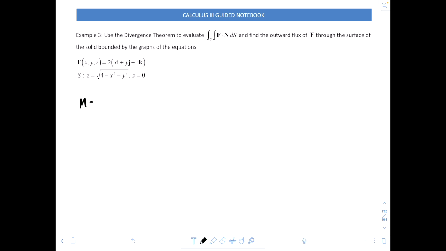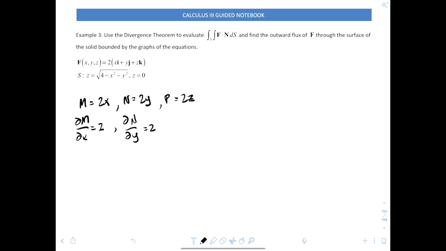M is equal to 2x, I'll just have the 2 with each of them. And so dM/dx is 2. N is equal to 2y, so dN/dy is 2. And P is equal to 2z, so dP/dz is 2.